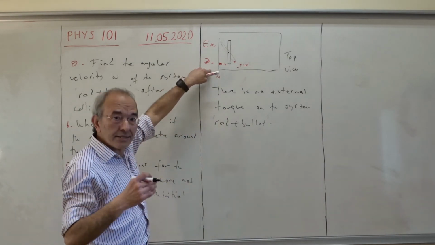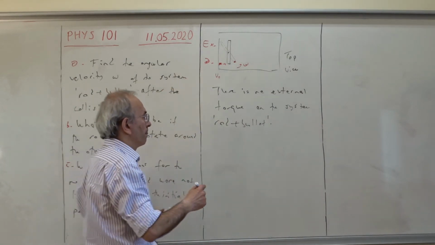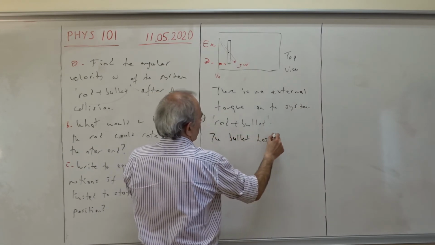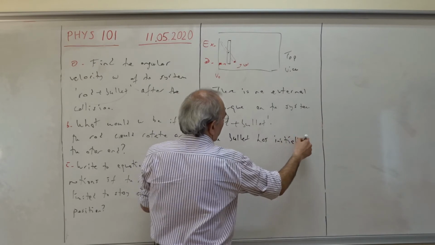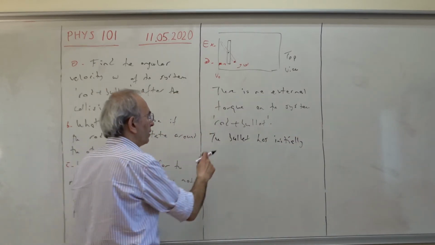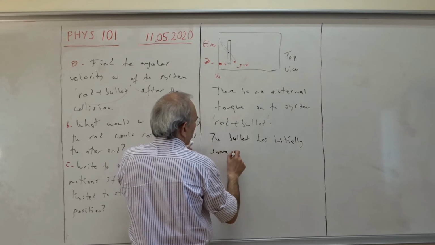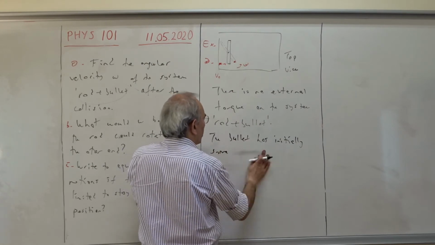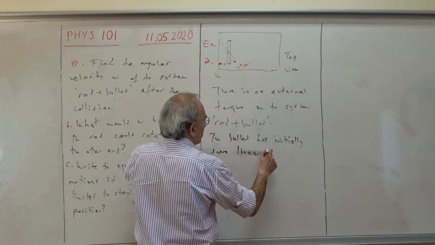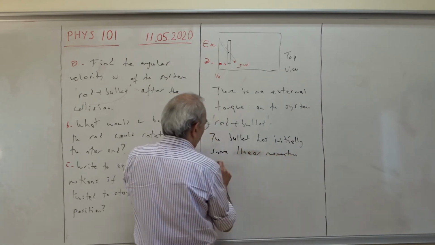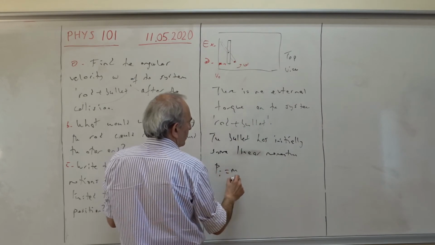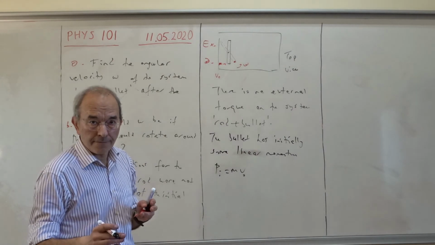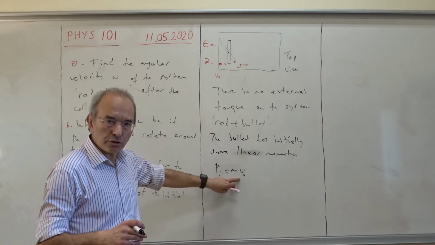The bullet has initially, meaning just before collision, some linear momentum, p initial, mass times v0, because linear momentum is mass times velocity.